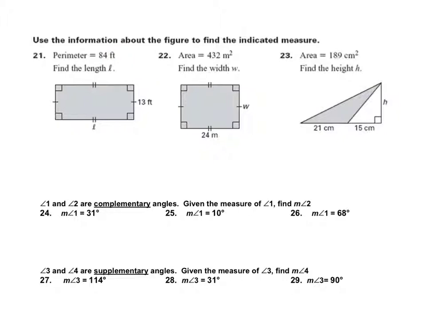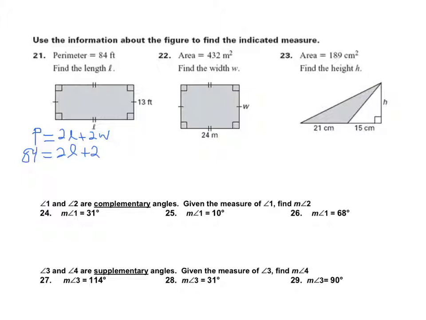So what you want to do here is take the original formula for whatever it is they're telling you. So number 21, perimeter equals 2 times the length plus 2 times the width. So that's the original perimeter formula. And then we'll just fill in what we know. We know the perimeter is 84. We don't know what the length is.